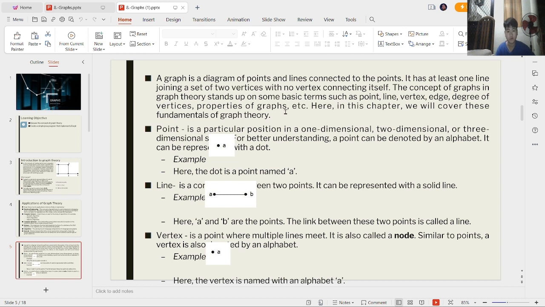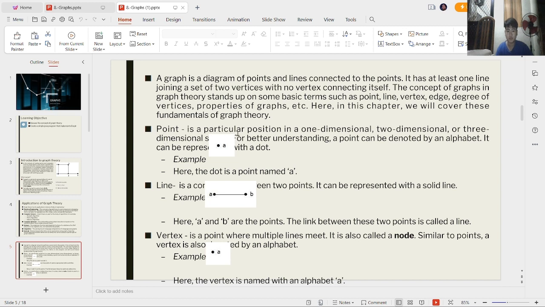The concept of graph theory is translated into some basic terms such as point, line, vertex, edge, degree of vertices, properties of graphs, etc. So here in the chapter will be the fundamentals of graph theory.